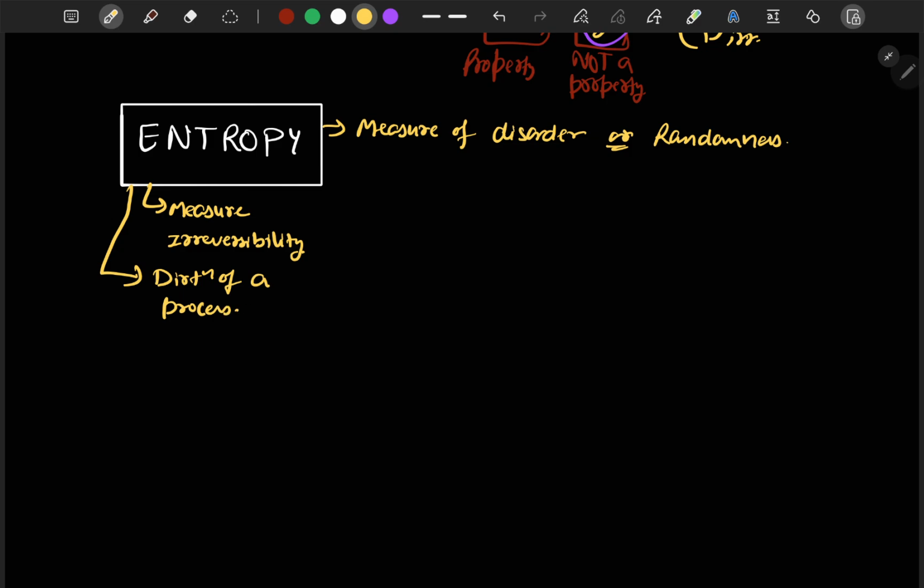Entropy helps us determine whether a process is spontaneous or not. A process can occur spontaneously only if its total entropy increases, so delta S must be greater than 0 for a spontaneous process.